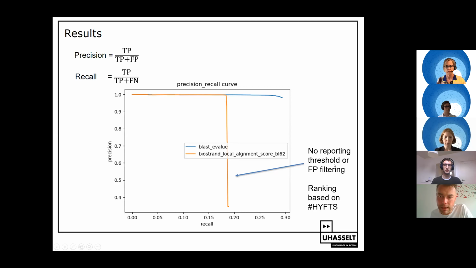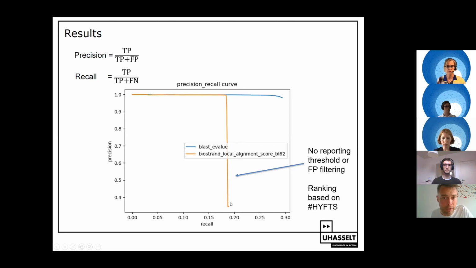That idea is a little bit borrowed from Google PageRank, where you give the end user a ranking of results, rather than saying you cannot click to the 5th or 6th page of your Google search if you want to. So instead of a top result, the BioStrand algorithm will report everything that contains the HIF patterns, and the ranking is based on the number of HIF patterns. That's why we also see precision drop to this value here.